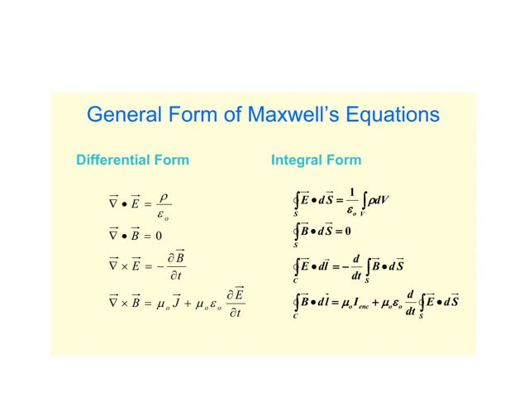For example, if you say del dot E, that means dou Ex by dou x plus dou Ey by dou y plus dou Ez by dou z. It indicates the change of electric field in the x coordinate, y coordinate, and z coordinate.